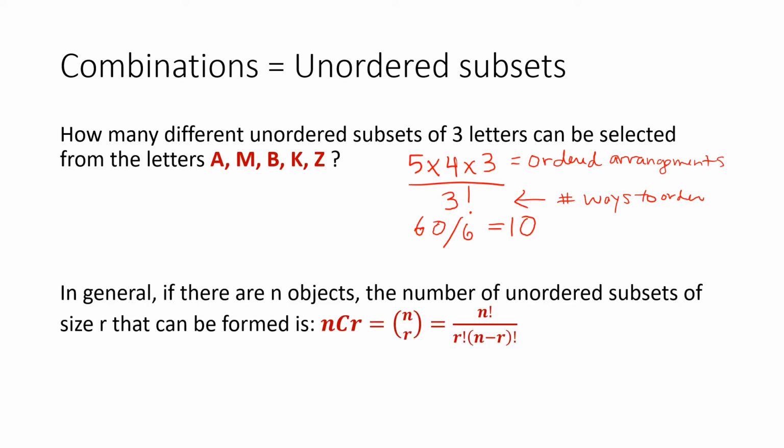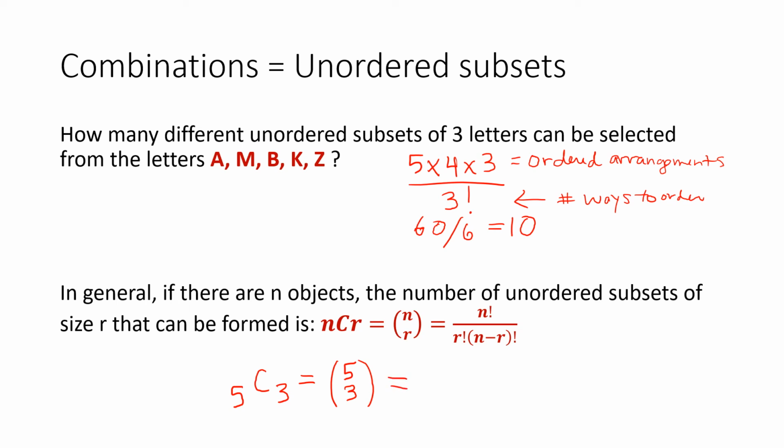In general, if we have n objects, the number of unordered subsets of size r that can be formed, we use the notation nCr. Here, n is 5 and we're choosing 3. The notation can also be used this way with this binomial coefficient, 5 choose 3. These are 2 equivalent notations.